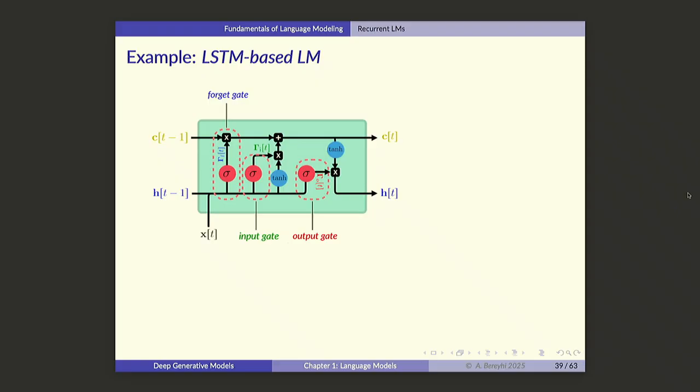So what is happening here is that you have your cell state and the hidden state of the network at one particular time, t-1. Then you have your input, and the LSTM takes the input and the previous states and computes the new state, right? For you, these states are the context, and xt is the input, the current token.